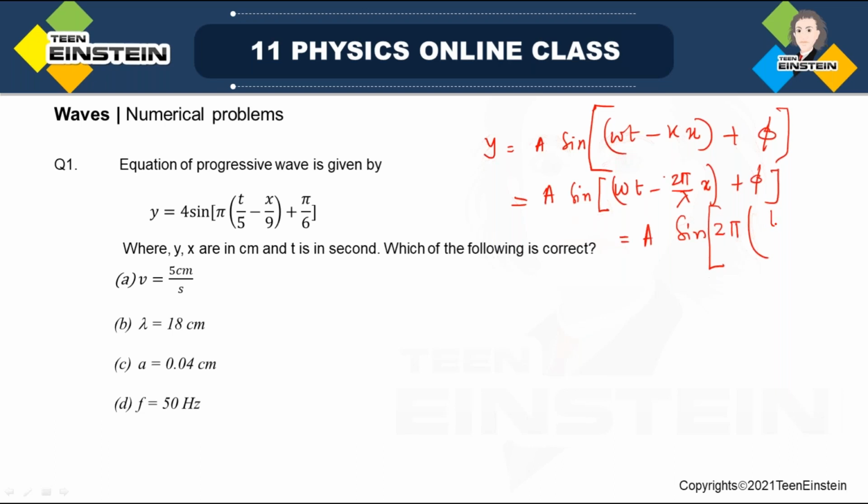So then we get omega t, and here x by lambda. At least we have got this term.